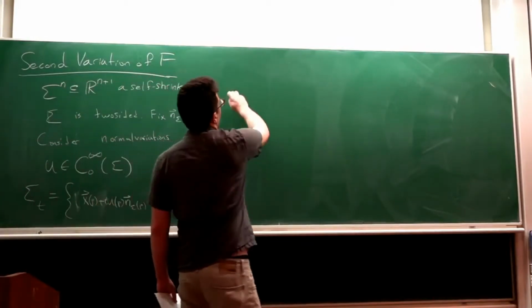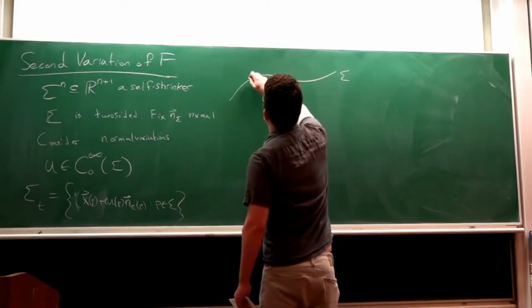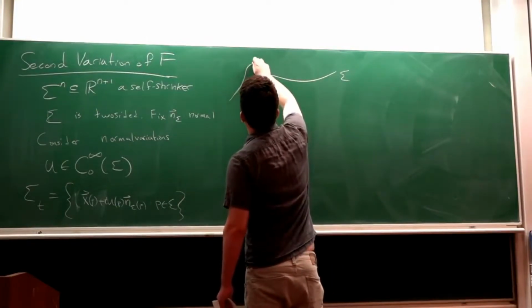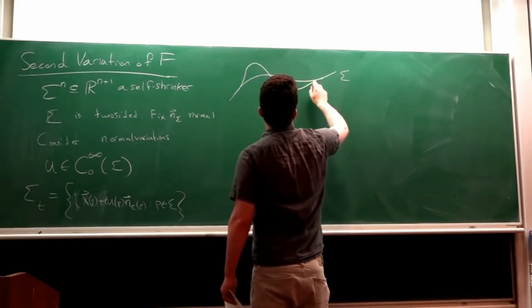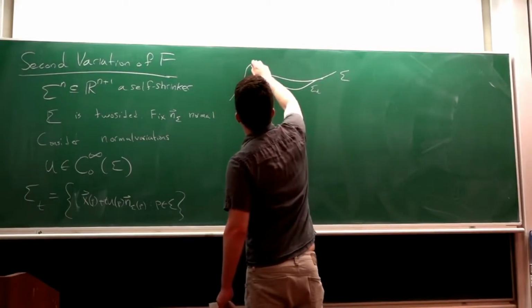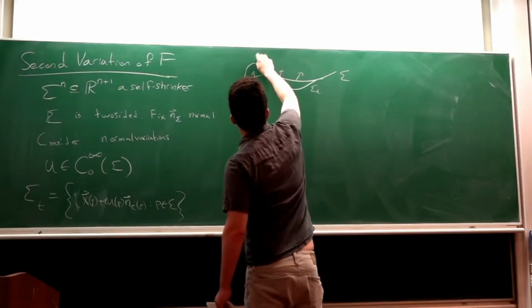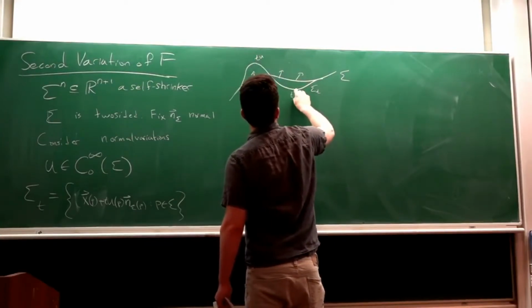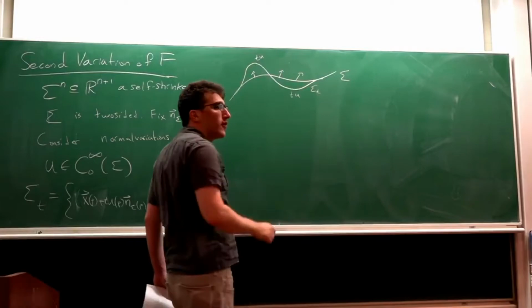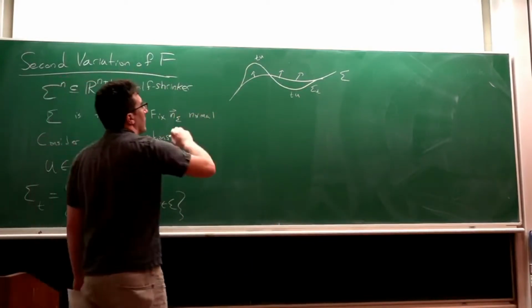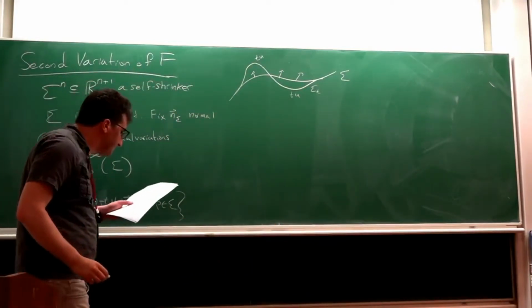Again, the picture is supposed to be: here's sigma, and then there's some function, p times u. So there's a function here that changes sign, and that's our sigma t.